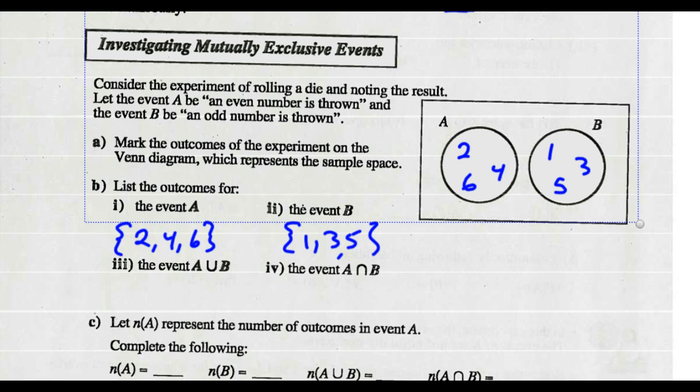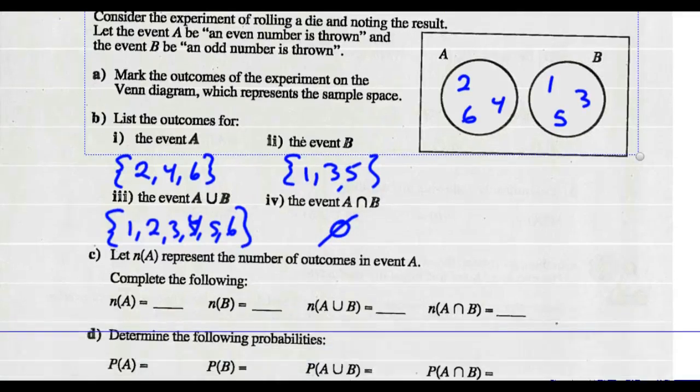The event A union B. So A or B is all the elements of the die. And the event A intersect B, or A and B, well, can't have them both occur simultaneously.